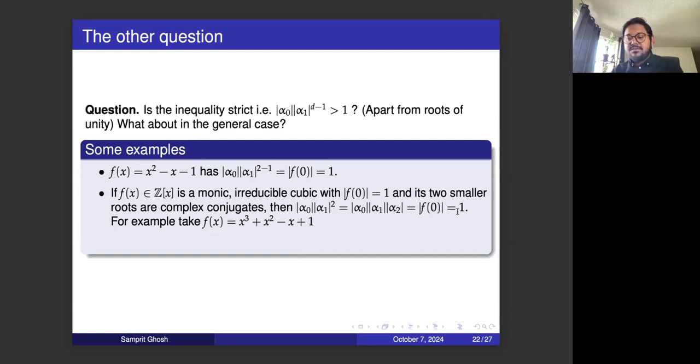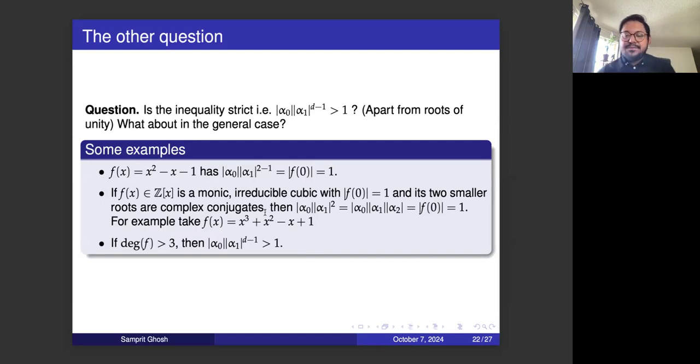So that's again f of 0, which is equal to 1. So for example, if you want such an example of a cubic, x cubed plus x squared minus x plus 1 works. But interestingly, it turns out that if the degree is bigger than 3, then this is always bigger than 1. So the only examples that we could find were in the quadratic case and in the cubic case.